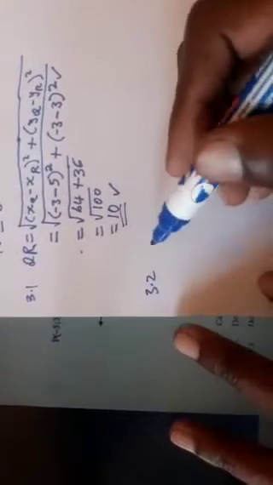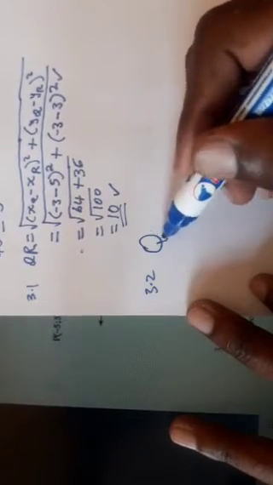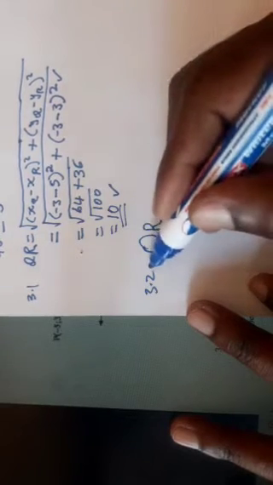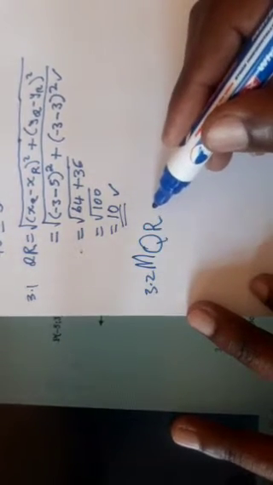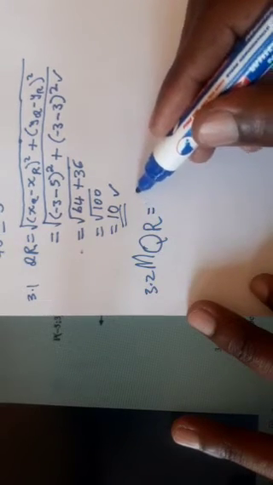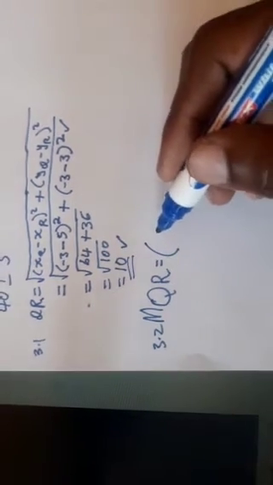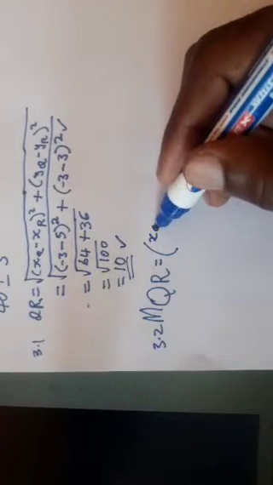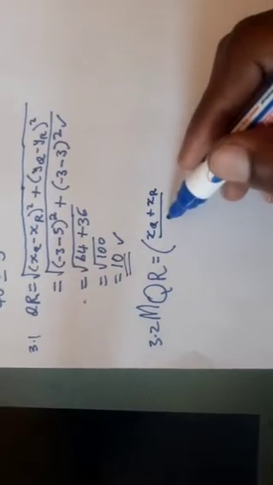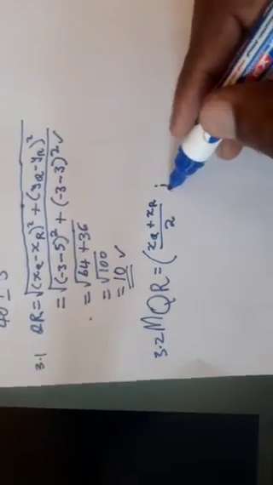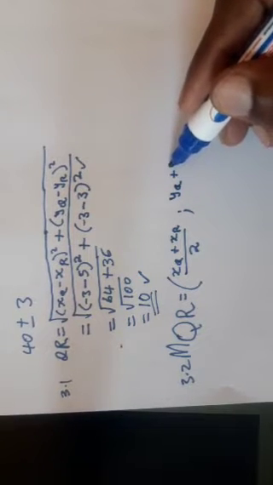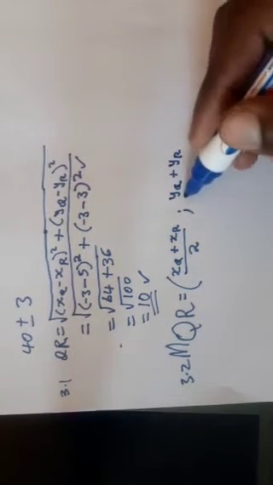We can write M of QR equals X at Q plus X at R over 2, and then Y at Q plus Y at R over 2.